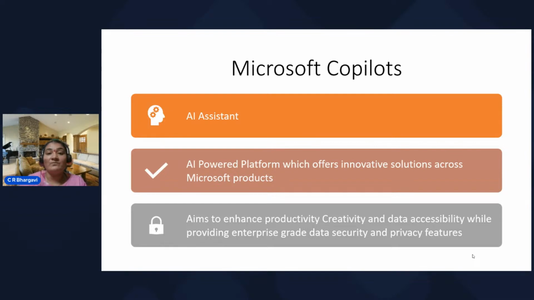It's the same way that Copilot would be doing for ourselves, wherein it is an AI assistant and it would be offering innovative solutions across the Microsoft products, with productivity, creativity, and data accessibility being done under the enterprise, and it would be providing you with enterprise grade security and privacy features.